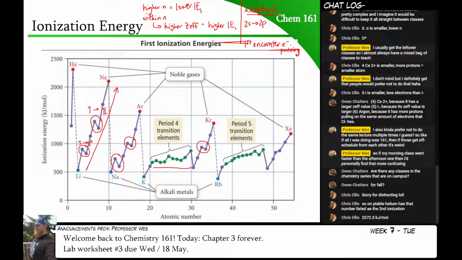Now, the last thing is, look at all these ionization energies for the transition metals. They're all the same, right? Well, why were all the radii the same for transition metals? Because they have the same Z effective and same radius.